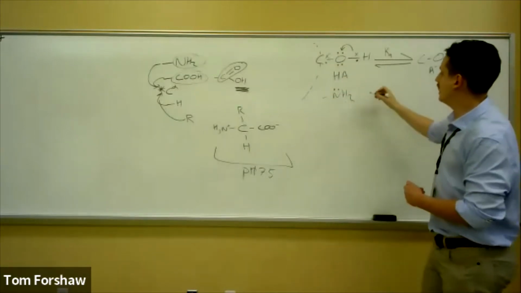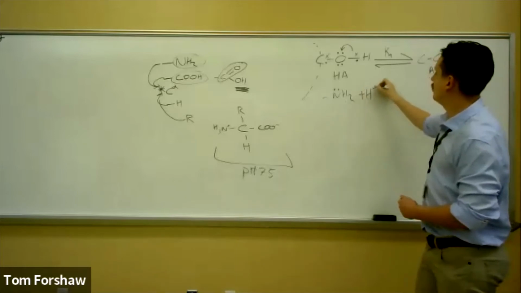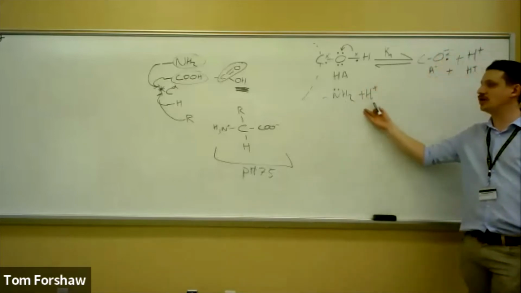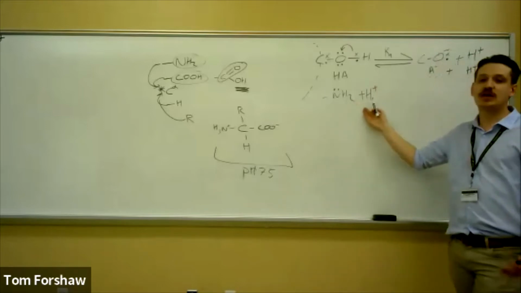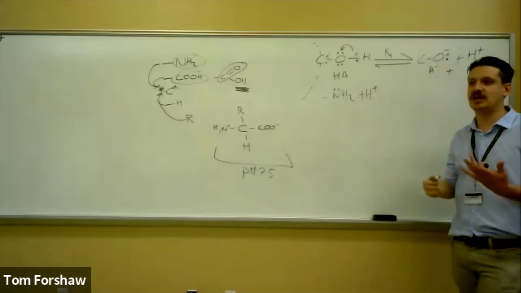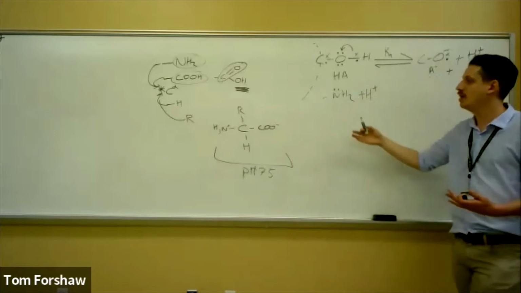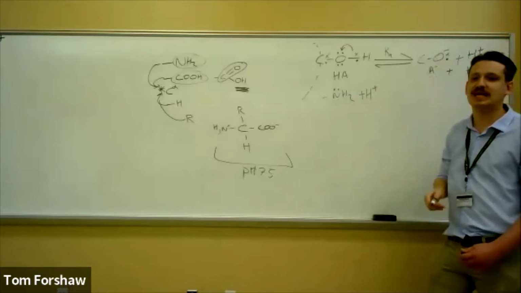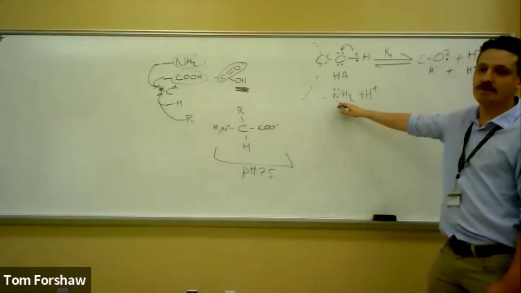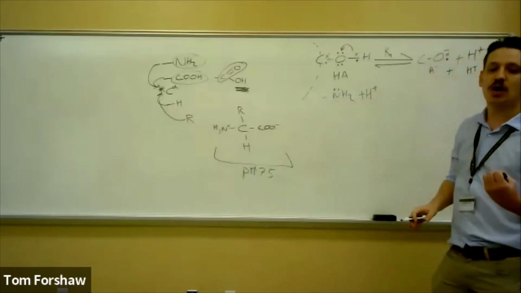And so that nitrogen can actually take on a proton, because that proton can take on two electrons to complete its inner shell. Whereas this nitrogen's got a spare pair of electrons sitting there with this negative charge. And it's got a small amount of desire to take on a proton.